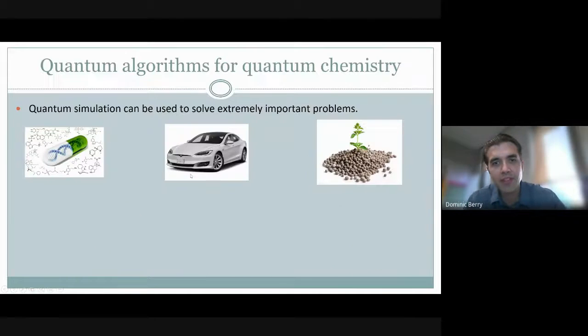Okay, good. So the general motivation is that if you can simulate the chemicals, then you can possibly use simulation to more effectively design things for particular applications. The pictures shown here are for drug design, batteries, or this one for fertilizer.